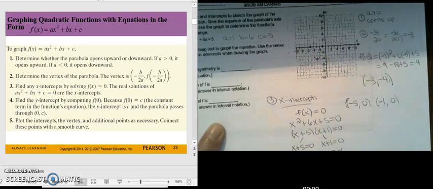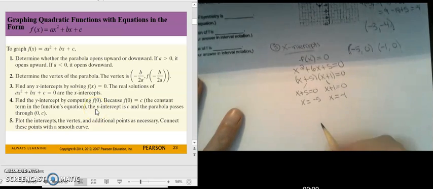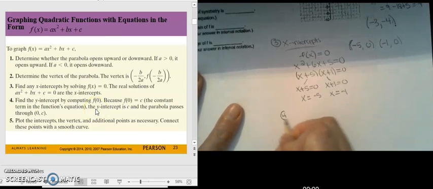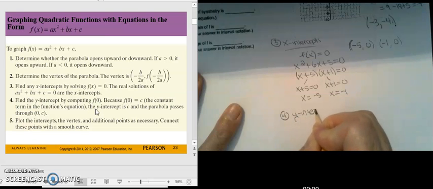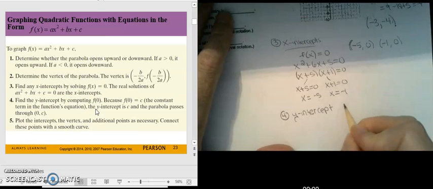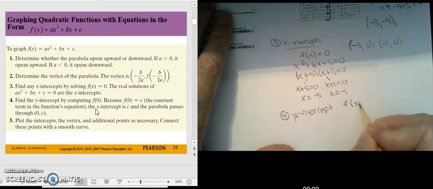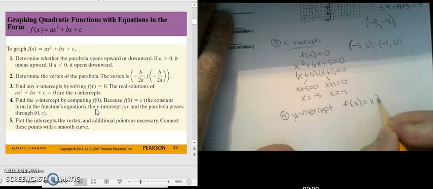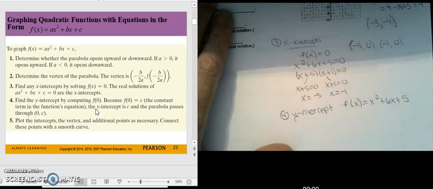The next thing I'm going to do is find my y-intercept by finding f of 0. Since you can't see the function, I'm just going to write it right here. Okay, so the way I find the y-intercept is I find f of 0.